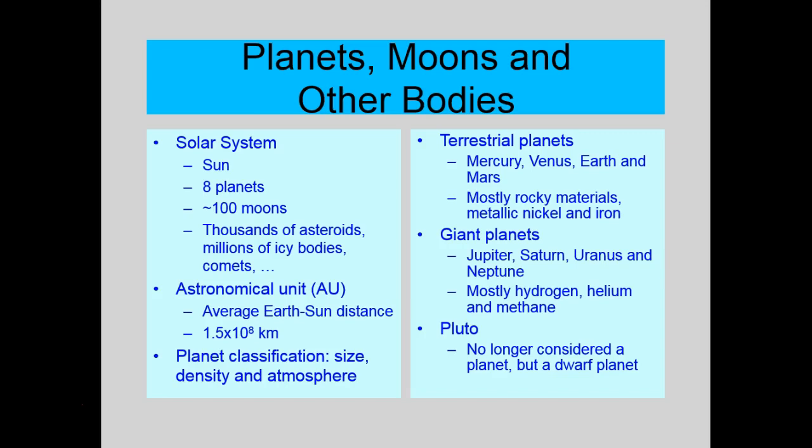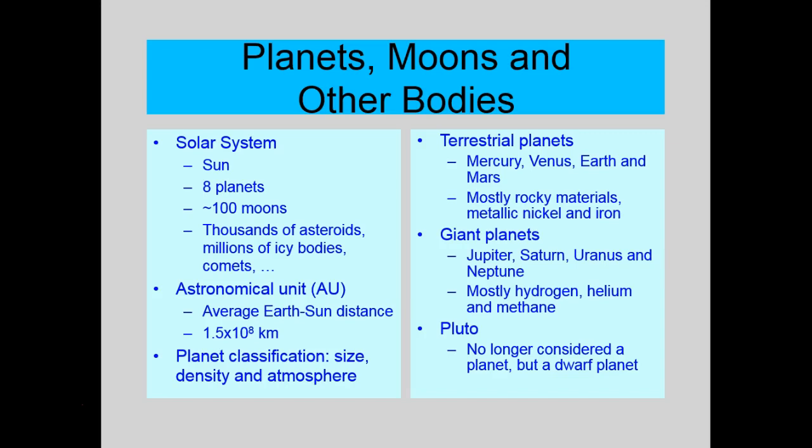The 4 closest planets to the sun, Mercury, Venus, Earth, and Mars, are called terrestrial planets. Now, where that comes from, they're rocky. Okay? They are mostly rocky materials. Now, we're talking on the surface. The metallic nickel and iron is the predominant element in all those 4.